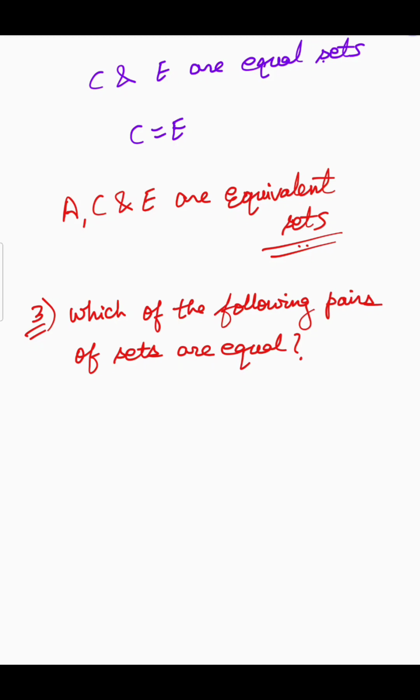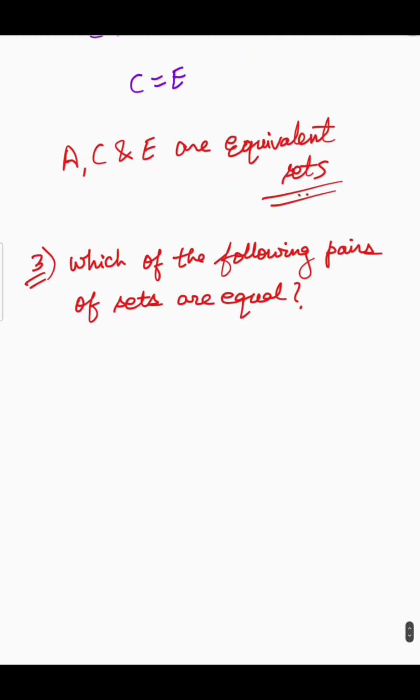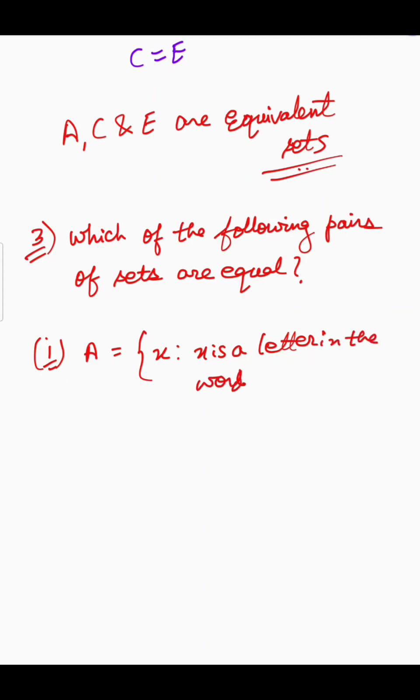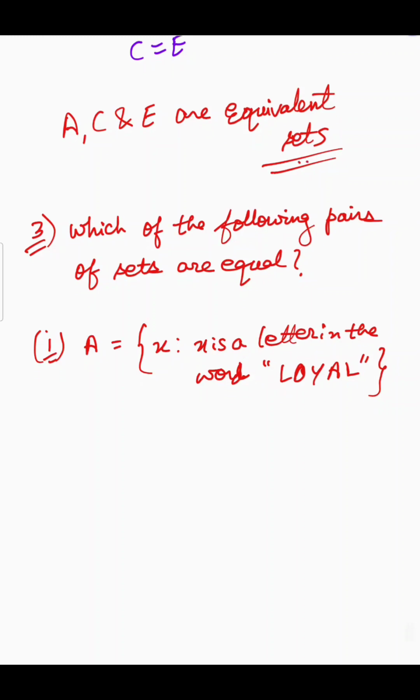Which of the following pairs of sets are equal? Part 1, A is equal to the set of all x such that x is a letter in the word loyal.